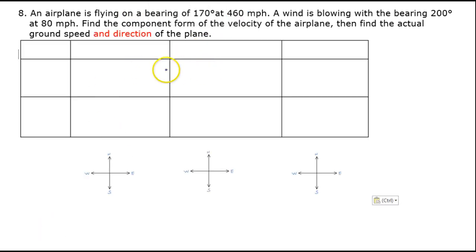Let's get organized. We have two vectors that we have to deal with. We have the vector representing the velocity of the plane, and then we have the wind velocity blowing on the plane. And together they will form a resultant vector.